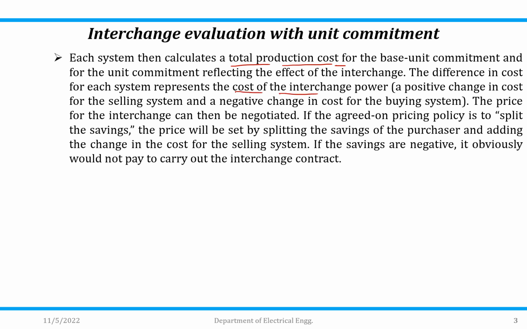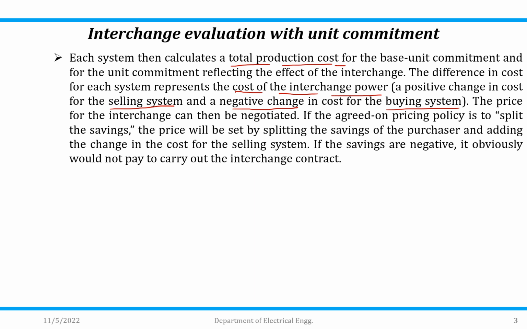If you remember, in a previous example, we have seen such a condition where there was a difference in the cost, when it was not interconnected and when it was interconnected. That is, a positive change in the cost is used for the selling system, and whenever there is a negative change in the cost, then the system is going to buy the power.